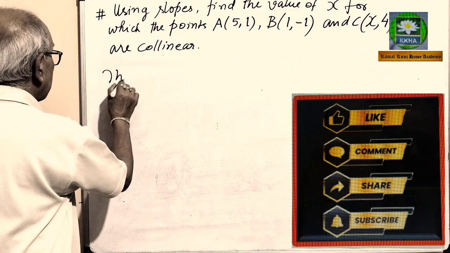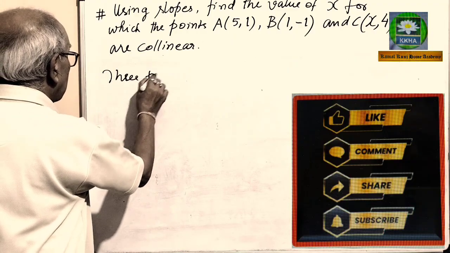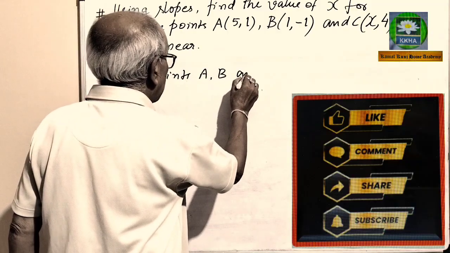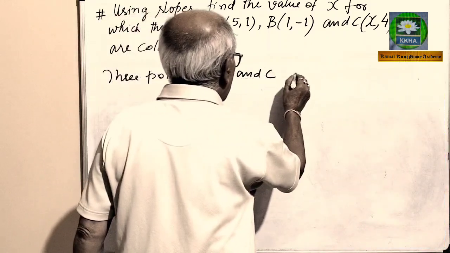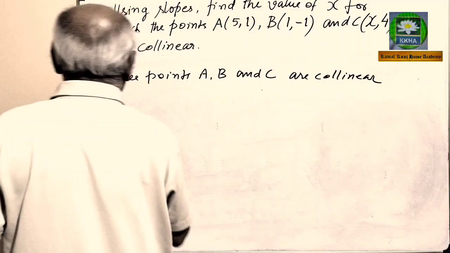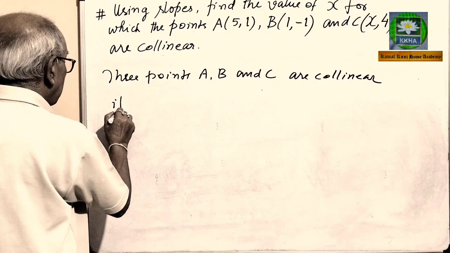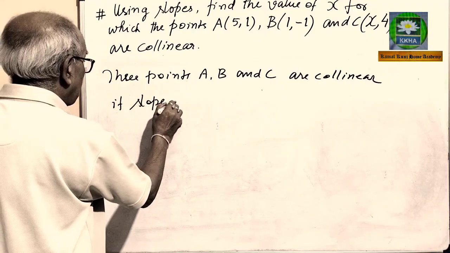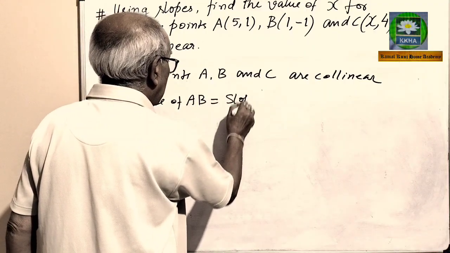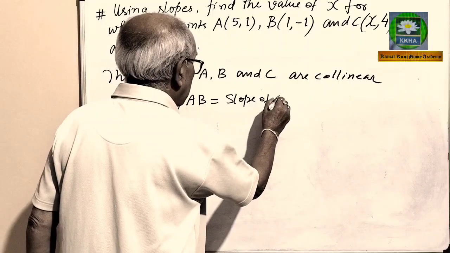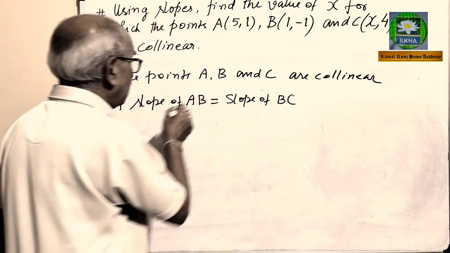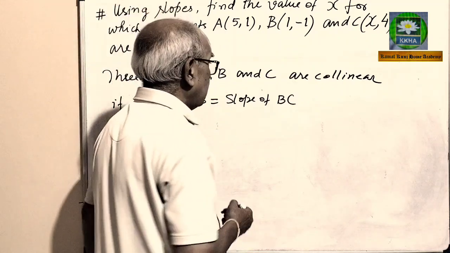Now three points A, B and C are collinear if slope of AB is equal to slope of BC, and B is common in both. So ABC will be collinear.